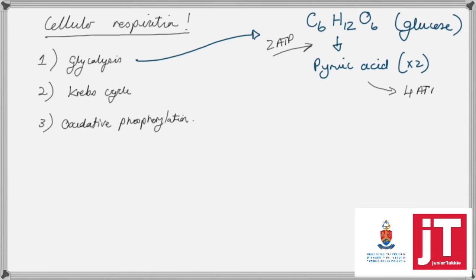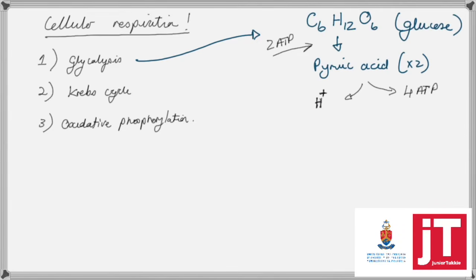In glycolysis, the requirement is a little bit of energy, so we use 2 ATPs and we end up with 4 ATPs at the end of the process. If we're using 2 and producing 4, we have a net of 2 ATPs by the end of glycolysis.